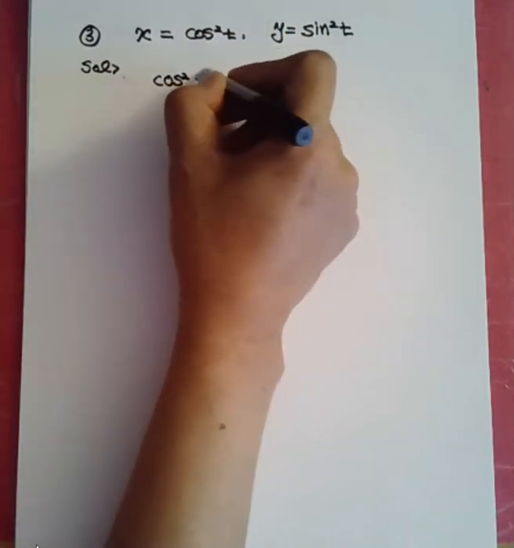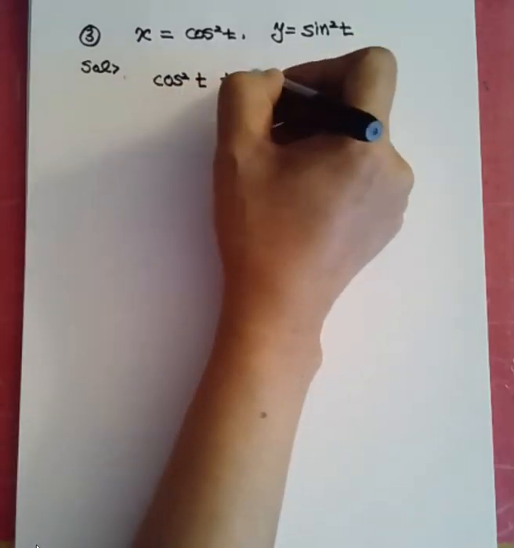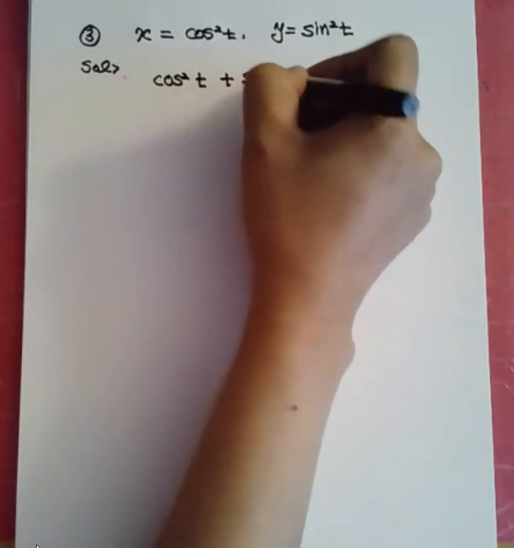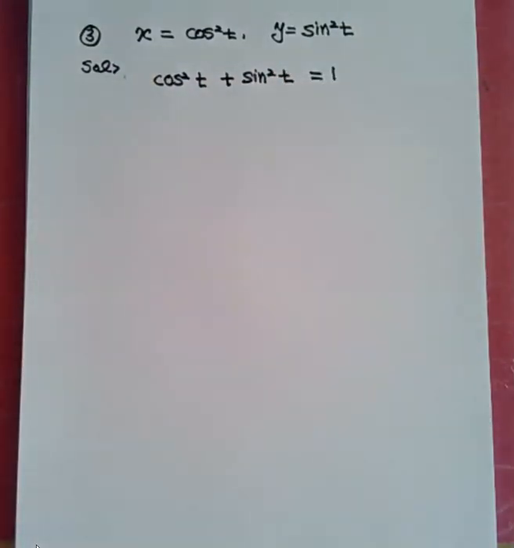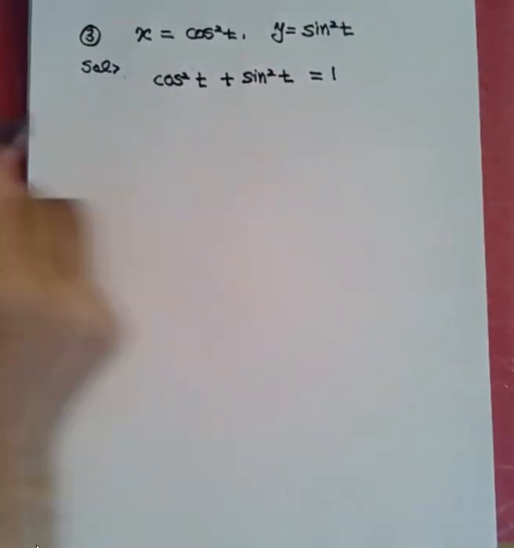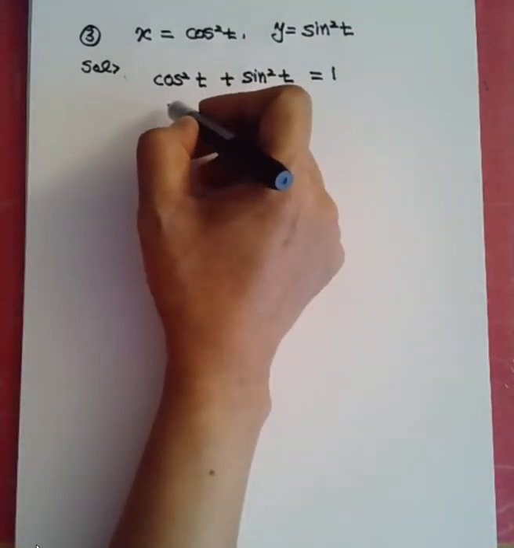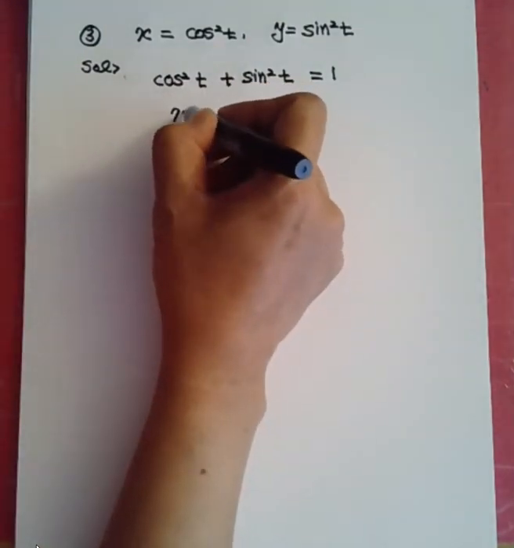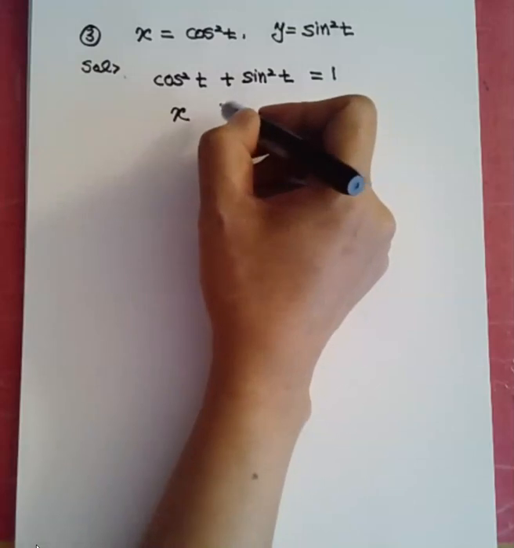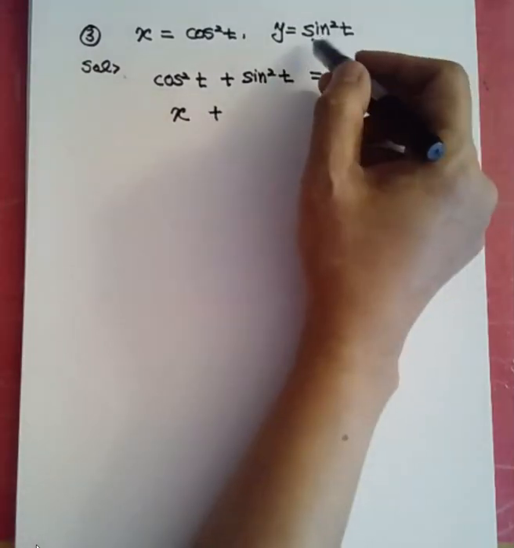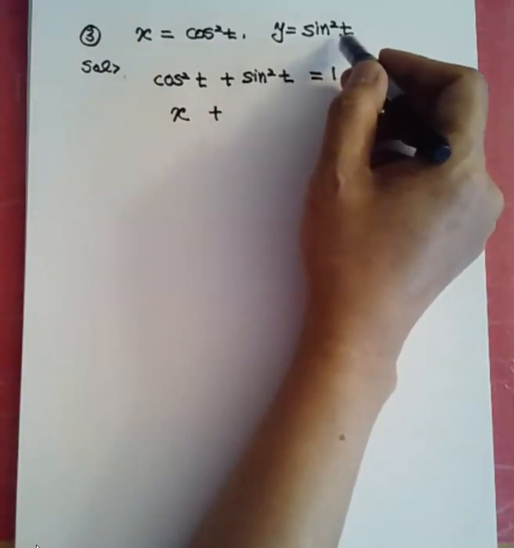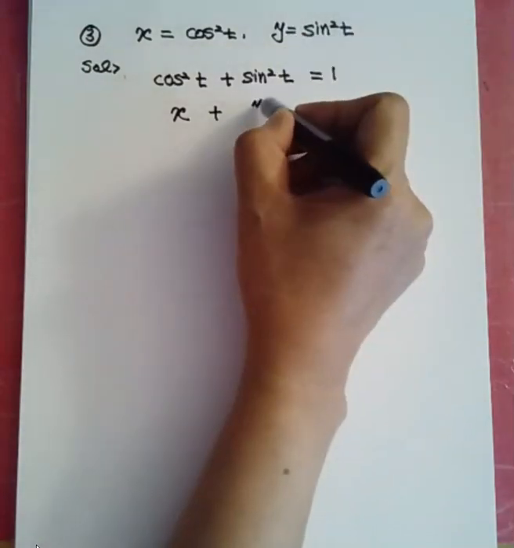Then that'll be cosine squared of t plus sine squared of t equals 1. What is given in the problem is that x equals cosine squared t. So instead of cosine squared of t, we write x. Instead of sine squared of t, we write y.